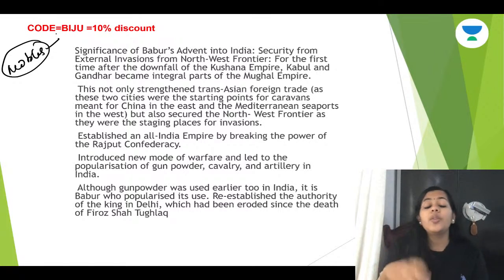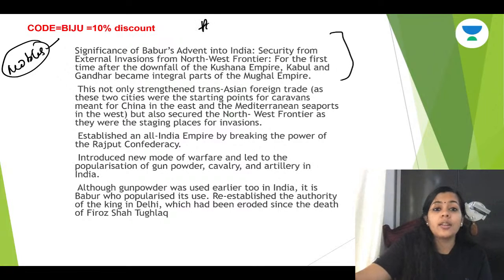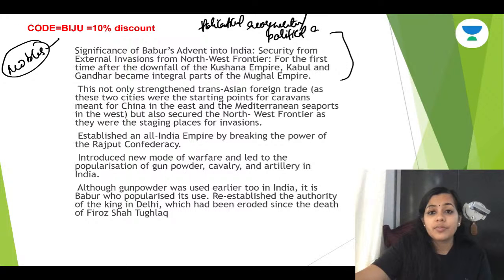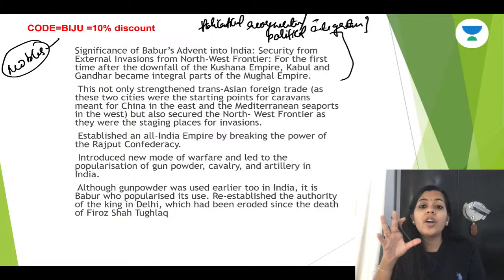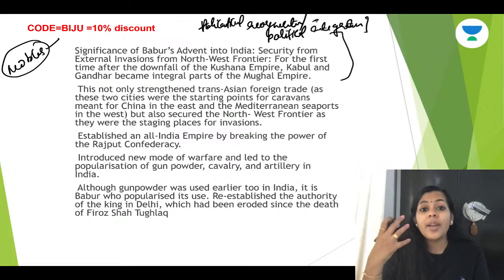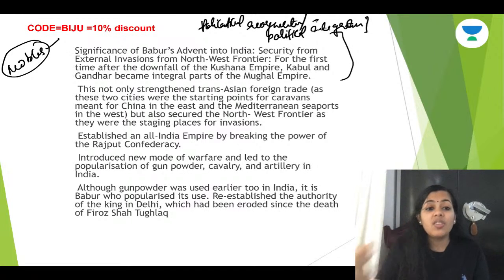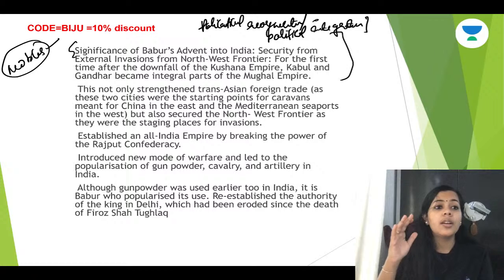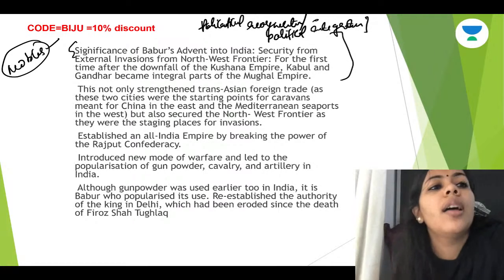The first is political integration, or political reorganization. Political reorganization or political integration was something very important that we come across in this century. This advent has created a lot of significance.